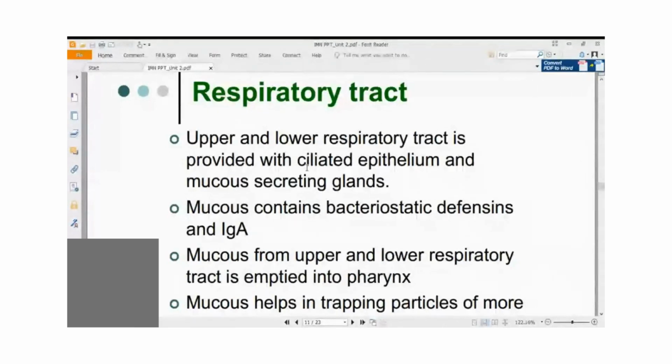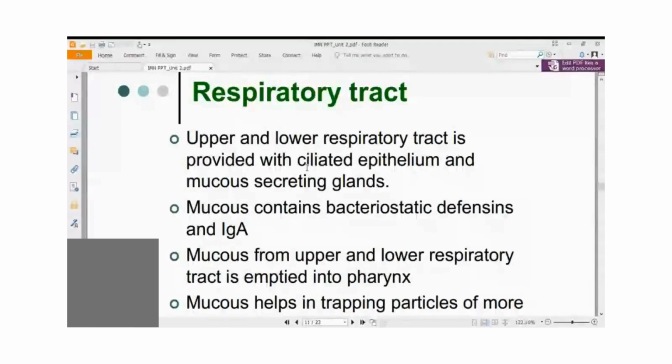Sometimes that mucus is very thick. It comes and settles in your throat, and you need to clear it. You know how you clear it. Once in a while, you may cough it out, or you just give a push to it, so it will go into the digestive tract.